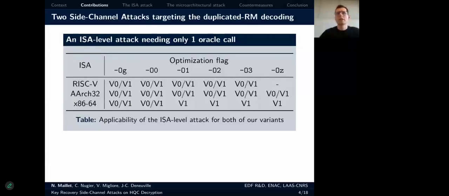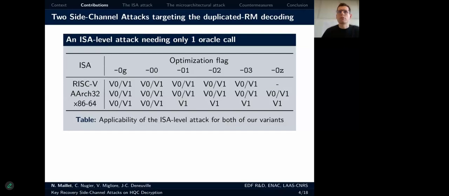As I said, there are two attacks in our contributions. The first of them is at the architecture level, and depending on the optimization flags you are using and the architecture that you are targeting, the attack will not be exactly the same, so we needed two variants of the same attack to be successful in our architecture level attack.